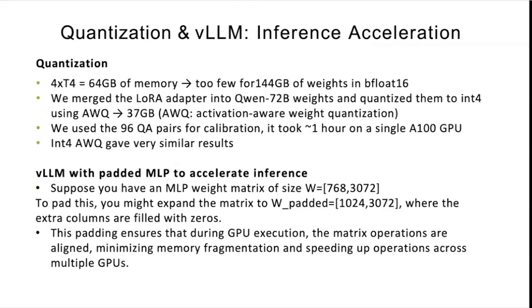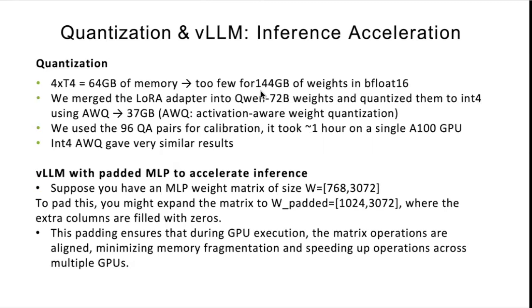Okay. Lastly is about the quantization and inference acceleration. As you know, because the host only provides 4 by 16 gigabytes GPUs, that is in total 64 gigabytes of memory.